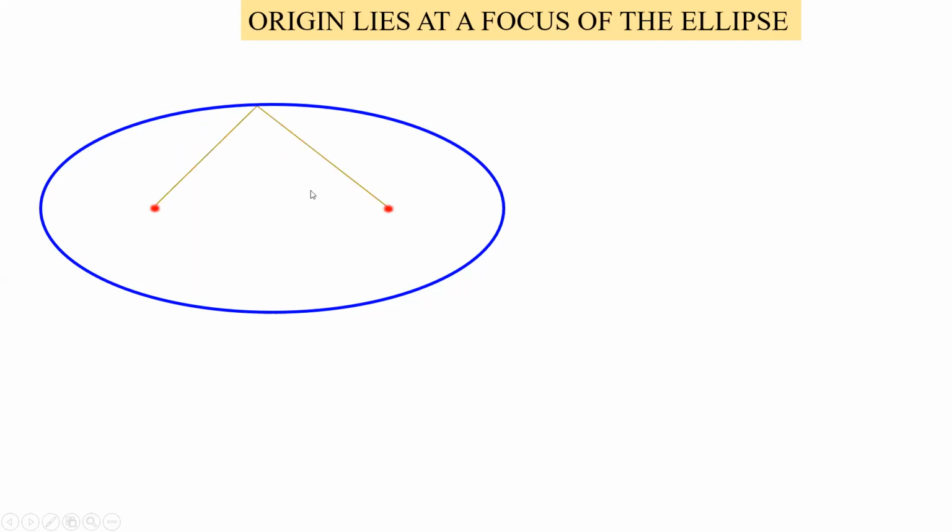If we consider any other point, the sum of these two lengths will be a constant, the same length. If we consider another point, the sum of these two will again be that constant. This length and this length, if we add them, will give the same value obtained with any other points.